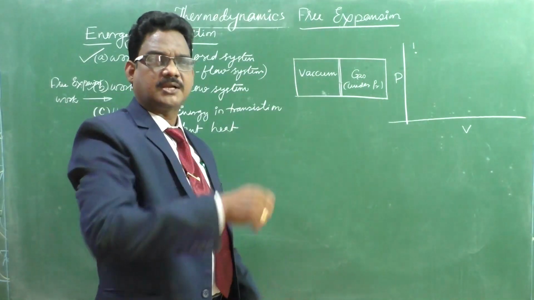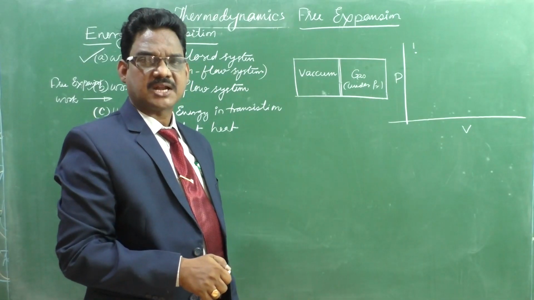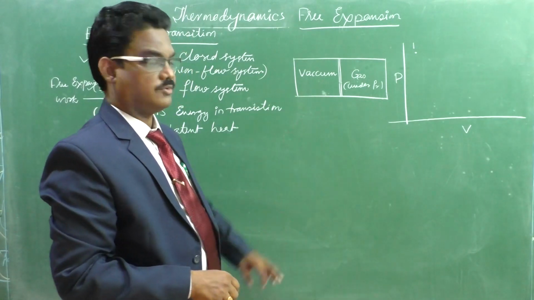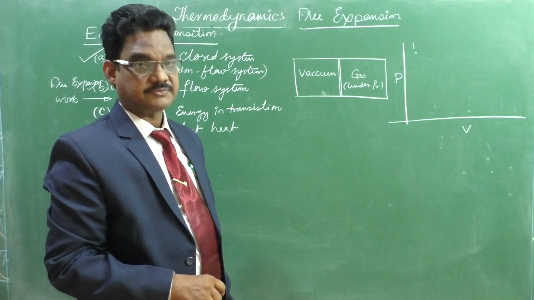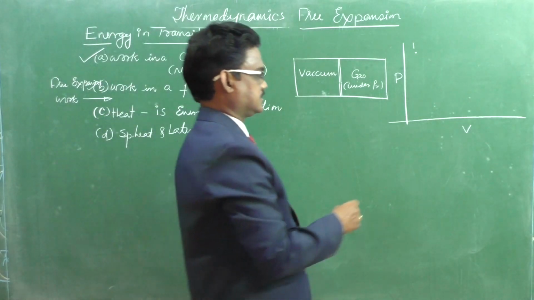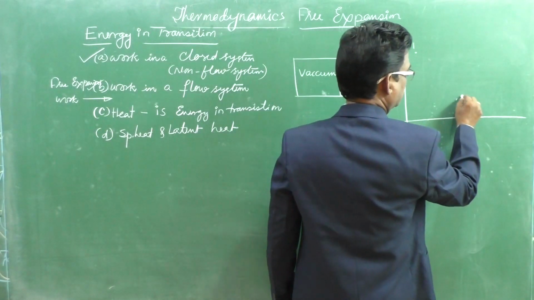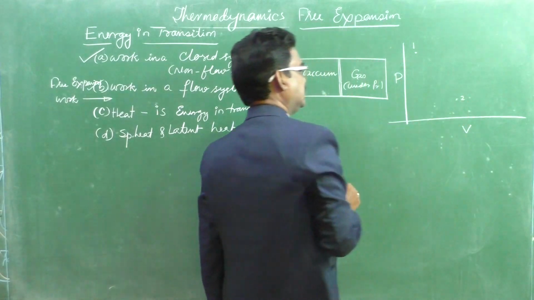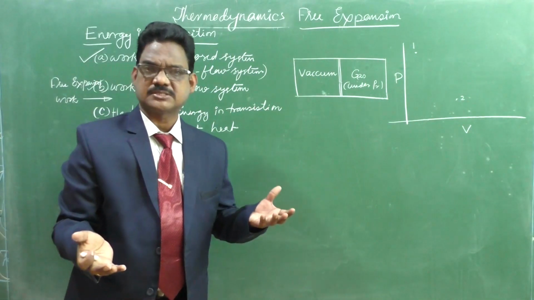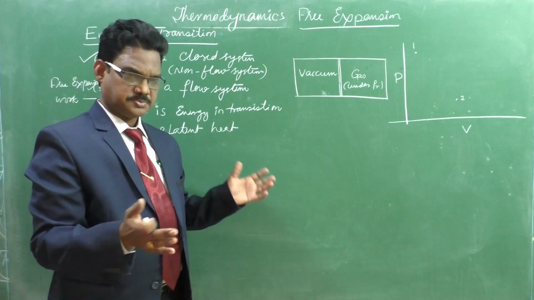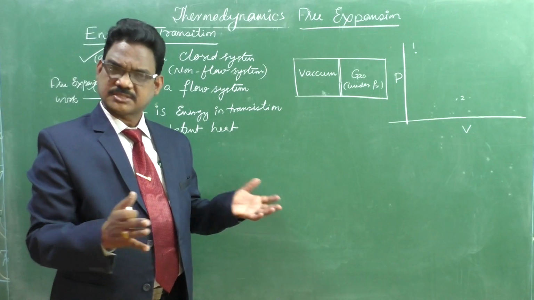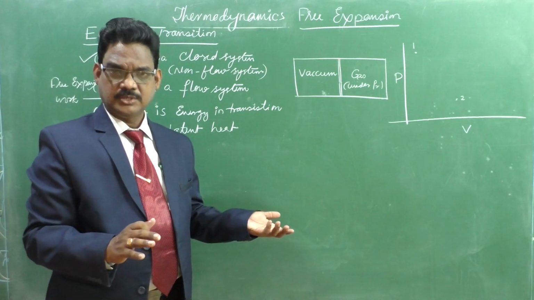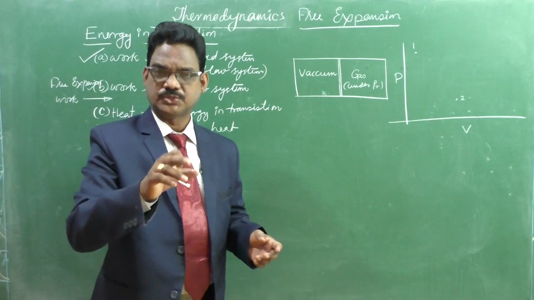After removing the partition, the gas suddenly expands and occupies the vacuum within a fraction of seconds. This is state 2. Even though it expands and occupies within a fraction of seconds, it has state 1 and state 2. The work done is 0.